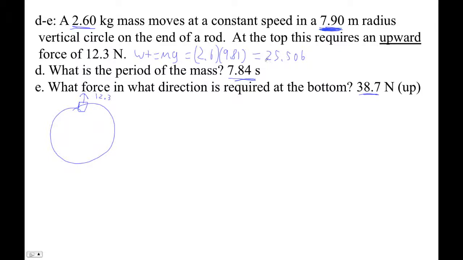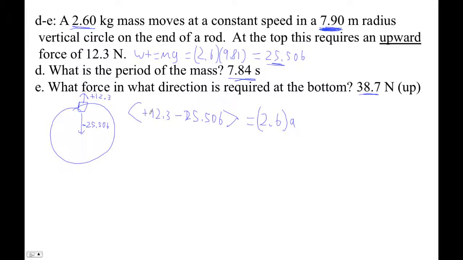Gravity is always acting down, so we have another force of gravity, 25.506, acting down. The first thing we're going to do is figure out the acceleration. Positive is up, negative is down. Positive 12.3 minus 25.506 equals 2.6 times A.